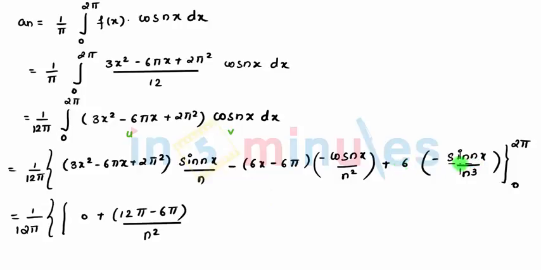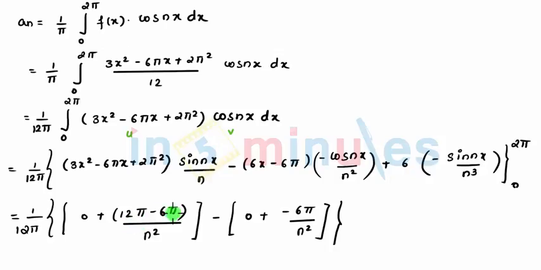The next is sin 2n pi, 0, so that's my first limit. Minus, put lower limit: sin 0 is 0, minus and minus becomes plus, 6x is 6 into 0, and this comes to be minus 6 pi, cos 0 is 1, so this gets divided by n square, and further sin 0 is 0.